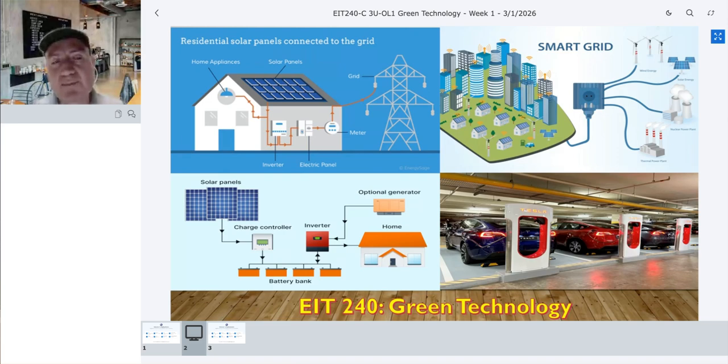On the left side, you see solar panels. Another option is a smart grid, electrical cars. Also, you see battery banks, charge controller, inverter. There are many different ways you can use and apply this new technology. Also, there are thousands of applications. This is one of the applications that we see next week.